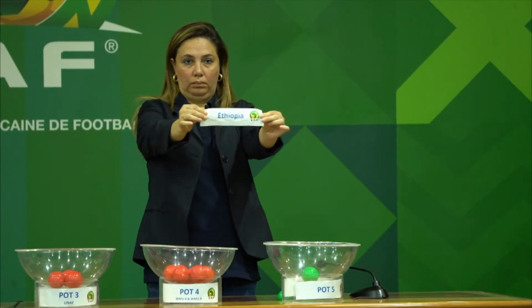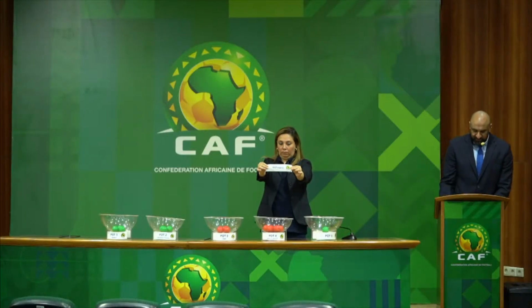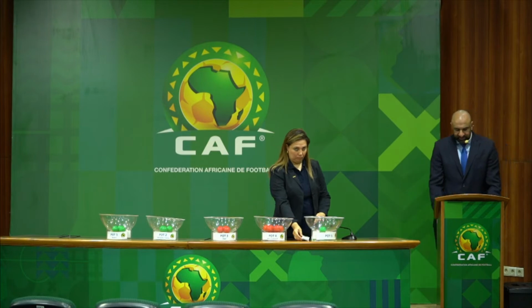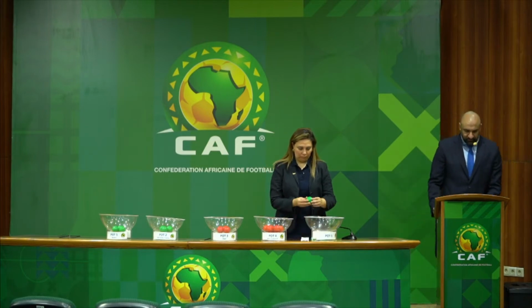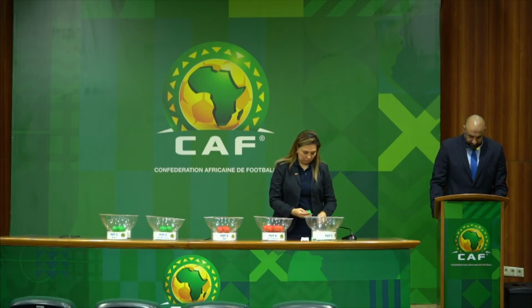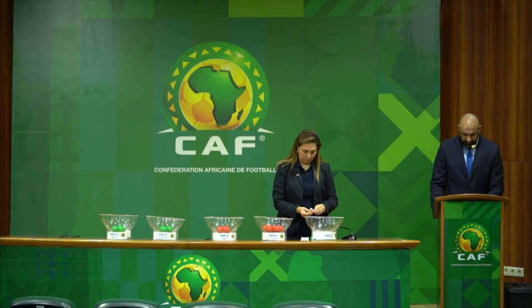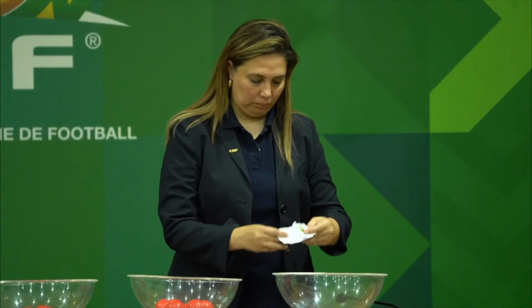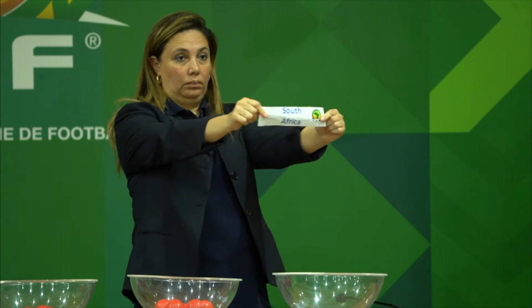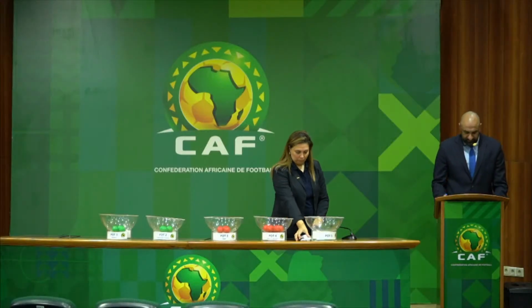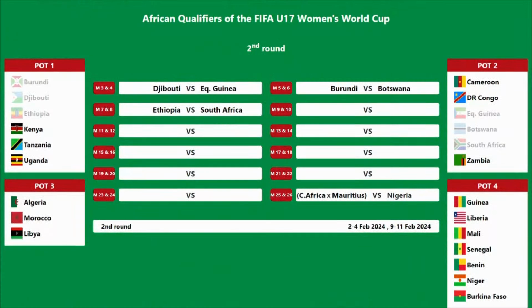Ethiopia. Ethiopia was eliminated in the fourth round of the last qualifiers. They will play against South Africa. South Africa was eliminated in the third round of the previous qualifiers.